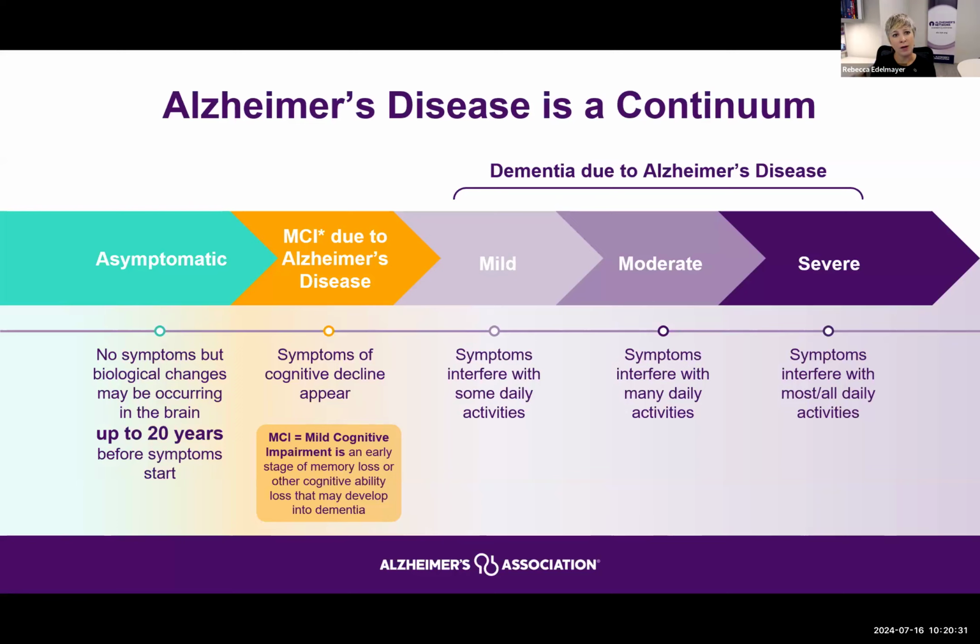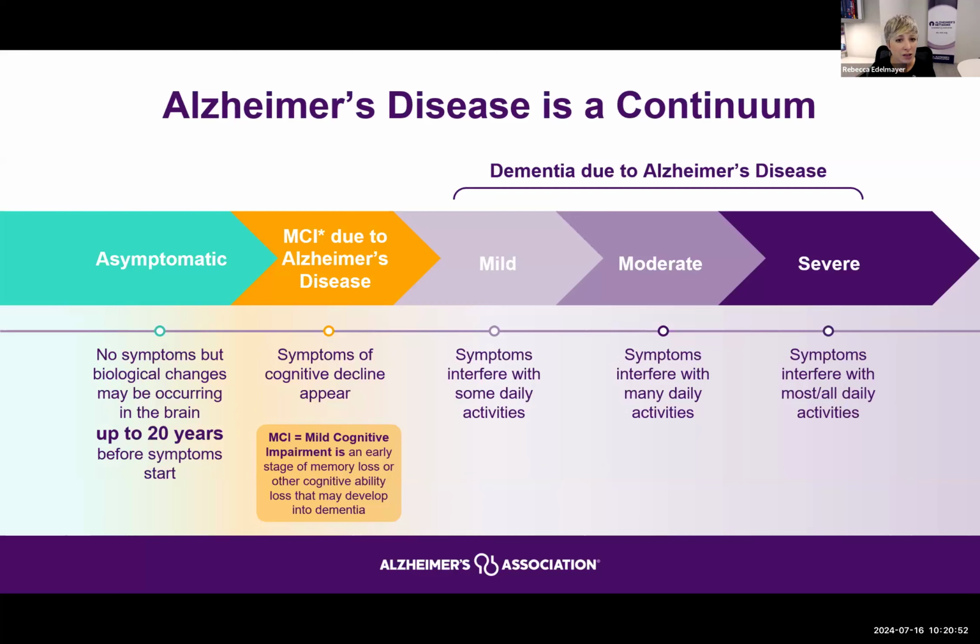Now, I also want to remind you that you could replace this graphic for frontotemporal dementia, Lewy body dementia, vascular dementia. Many of these different types of diseases will go through these various phases. And individuals that progress from MCI due to Alzheimer's disease will then potentially progress to something called dementia due to Alzheimer's disease.